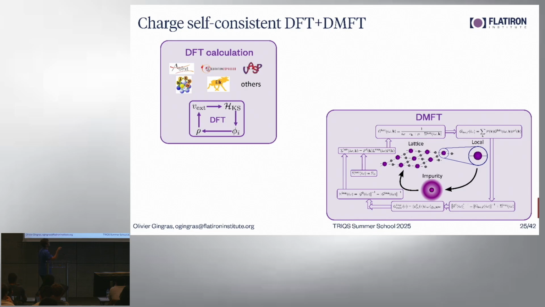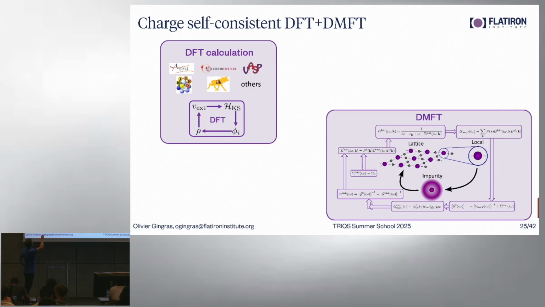I already have my non-interacting Hamiltonian here. This is fixed, but it comes from somewhere and it might change. So the whole goal of DFT plus DMFT is to provide this information, the projectors and the non-interacting dispersion, and maybe iterate on their value.